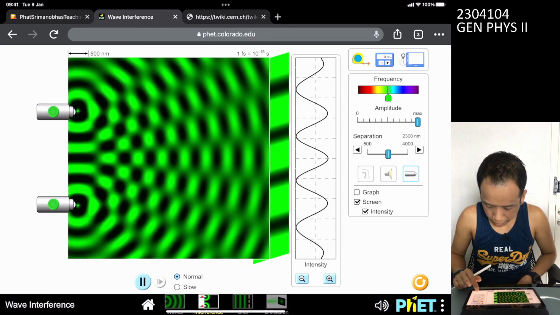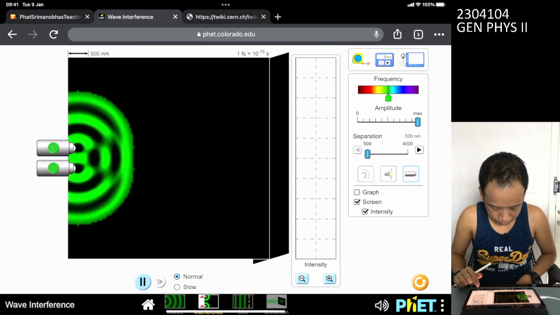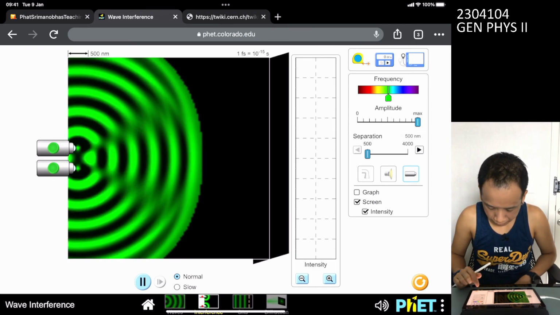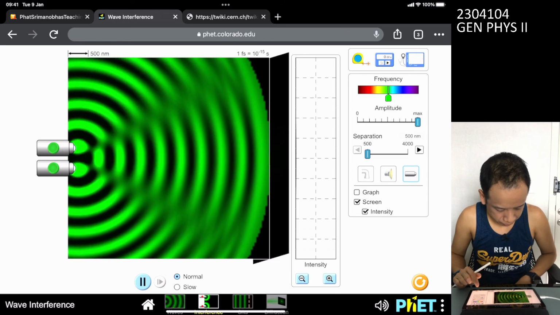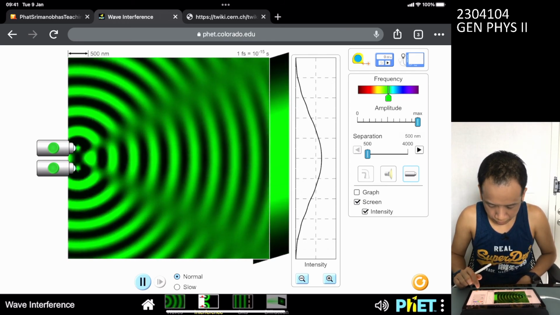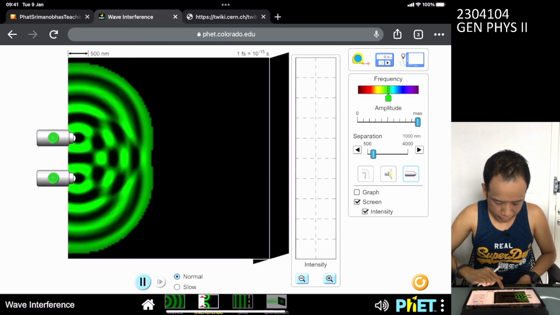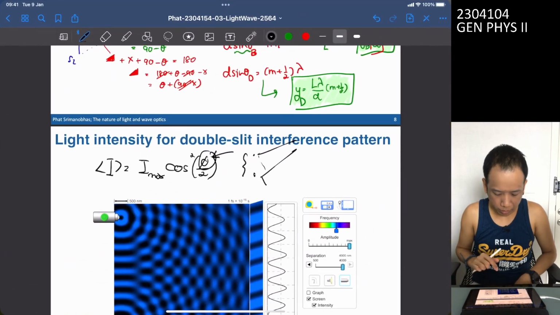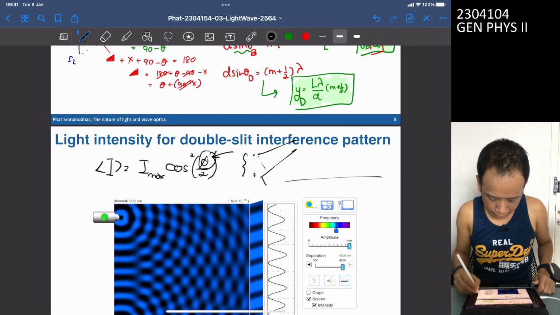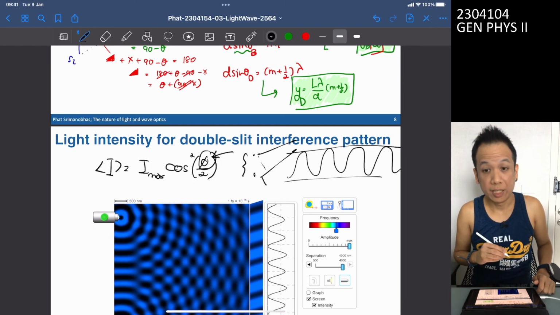Maybe it cannot really be seen clearly from here, but what you can see is basically what you get: the same intensities.